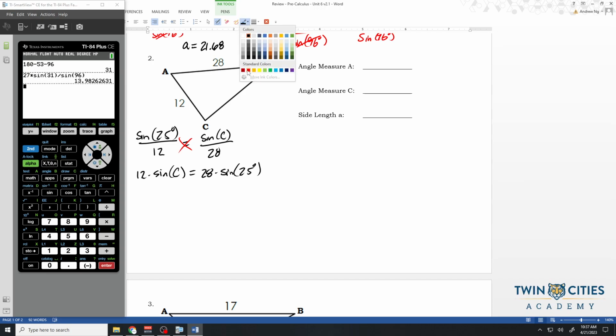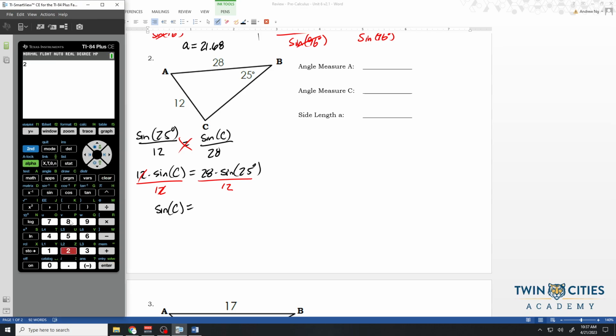And we'll divide both sides by 12. Let's see, this will be the sine of C is equal to 28 times the sine of 25 degrees divided by 12.